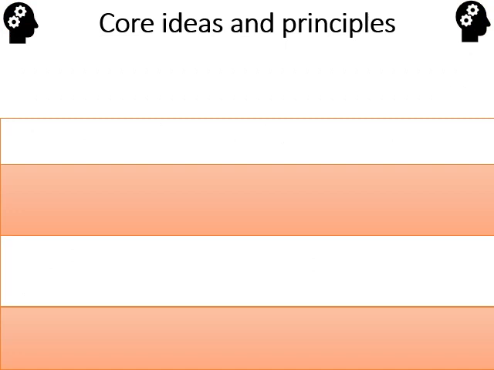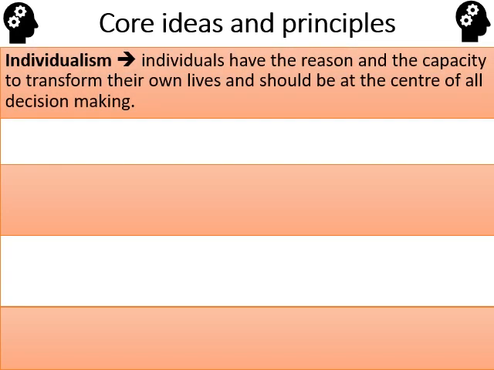So let's just remind ourselves what the core ideas and principles of liberalism are that we've already been looking at. So the first one is individualism, and this is the idea that all humans have the same capacity to reason and the same capacity to transform their own lives, and that they should be at the centre of all the decisions that the state or government, they mean the same thing, make.